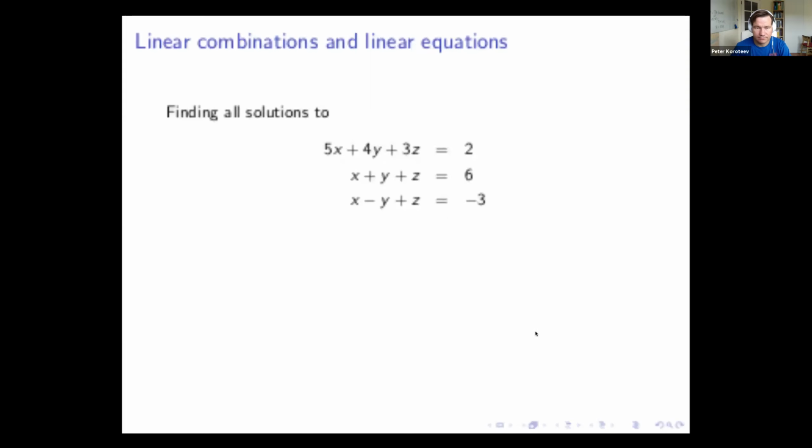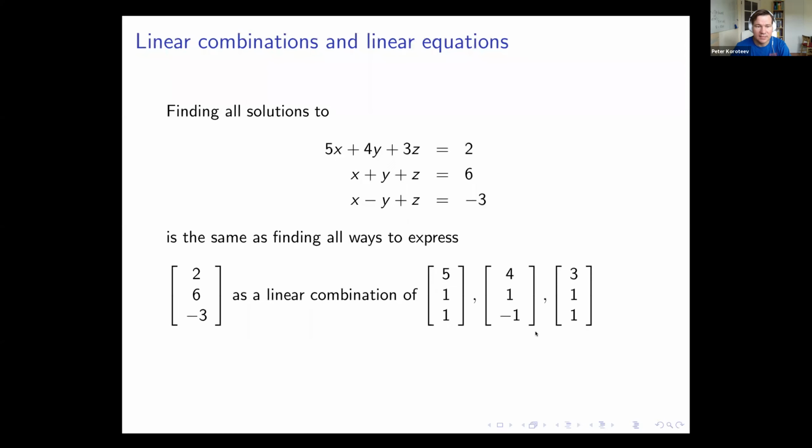So in other words, finding all solutions to the system of equations is the same as finding all ways to express the vector with components 2, 6, and -3 as linear combinations of the said vectors. If you like, it's the geometric meaning of existence of solutions of systems of linear equations.